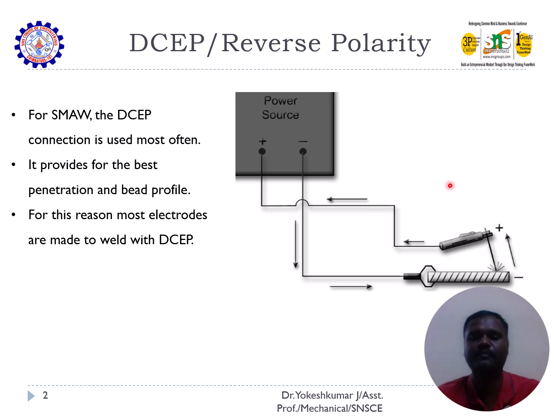The bead profile is very good, we can have a very good surface finish, and it is used for most joining applications like LPG cylinders, construction of ships, construction of aircraft bodies, everything. So we can have a very tight and leak-proof system in this welding process. For this reason, most of the electrodes are made for direct current electrode positive.